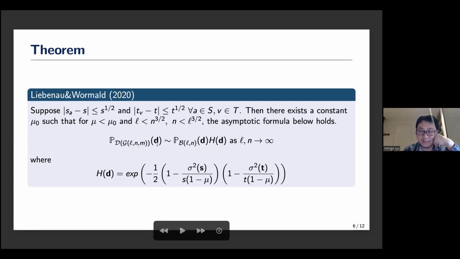And except for that very sparse regime, this formula was only proved, like I said, when the cardinalities of the two sides are within a multiplicative logarithmic factor of each other. So this is already a very good improvement.